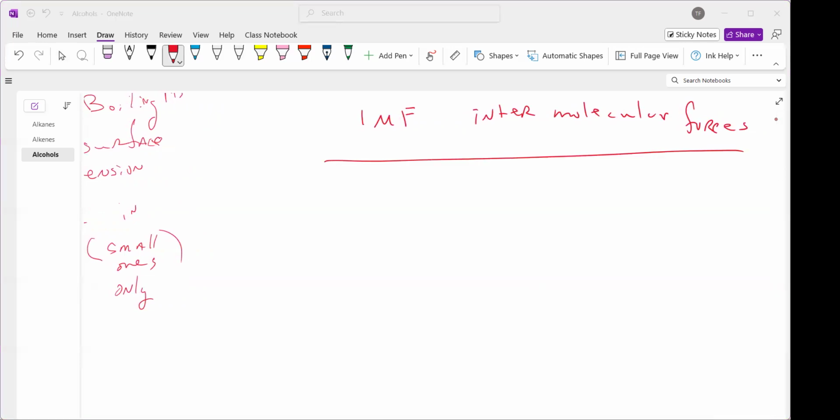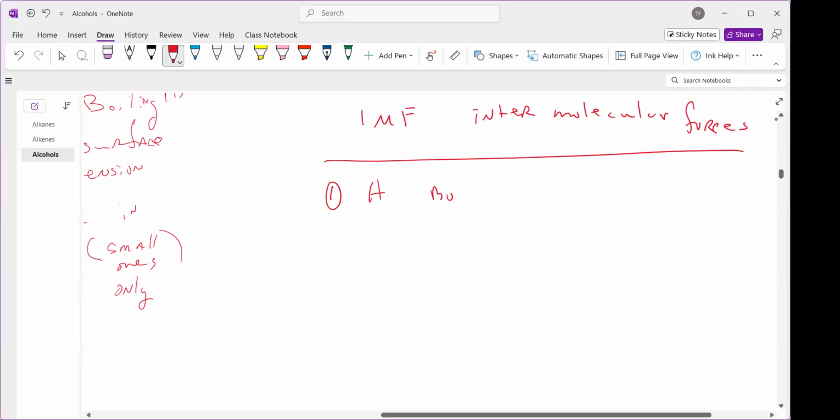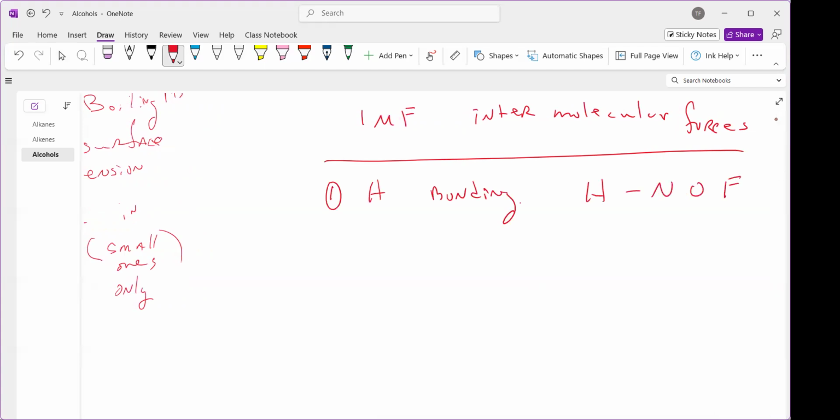Okay, the strongest one is hydrogen bonding. That is where H bonds to nitrogen, oxygen, or fluorine. If that's so, that's the strongest intermolecular force.